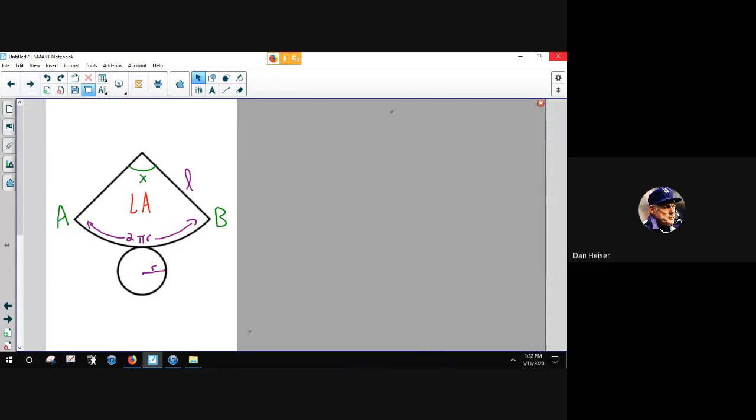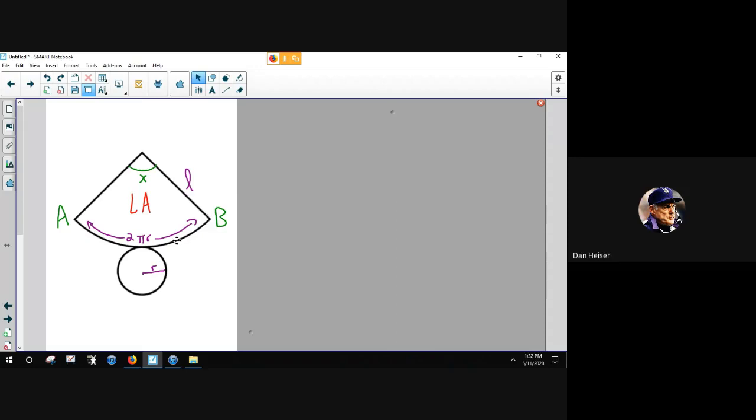So here's that same net with a little more detail. I labeled this piece the lateral area, LA. That's sort of the wraparound part of the cone. Here's the base circle with a radius that I called R. I labeled this point A, this point B. So here's arc AB.